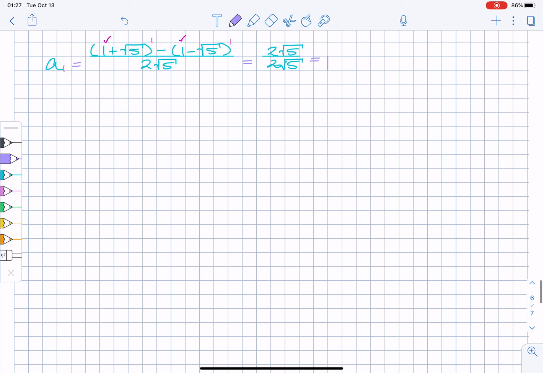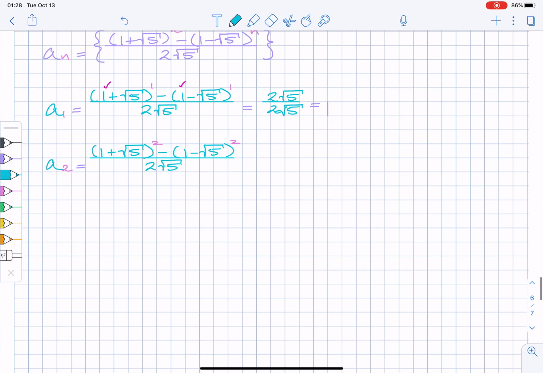Okay, what about a sub 2? So this will be a bit more intricate. So we have quantity 1 plus the square root of 5 squared minus the quantity 1 minus the square root of 5 squared, all over 2 times the square root of 5.